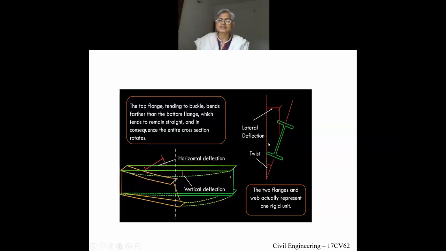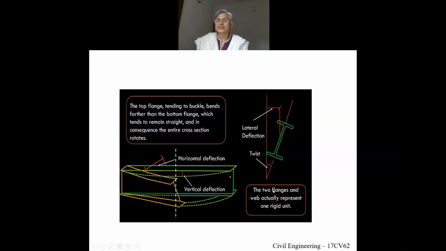You can see this in the cross section in a better way. This is the original position of the I section or the beam cross section. You can see there is a lateral deflection. Since the bottom flange is in tension, it will stay in its place, and the top gets laterally deflected. There is a twist here.